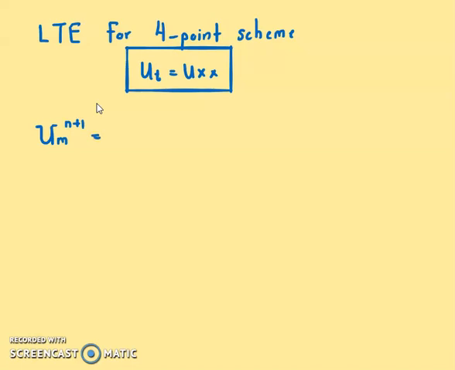u_m^(n+1) equals r u_(m-1)^n minus 2r u_m^n plus r u_(m+1)^n.